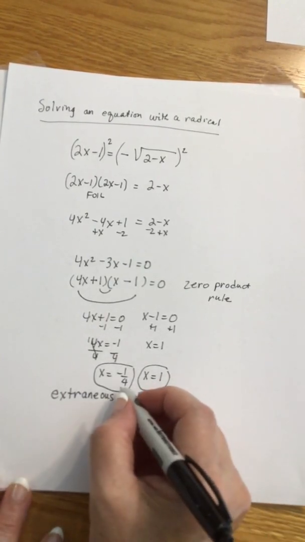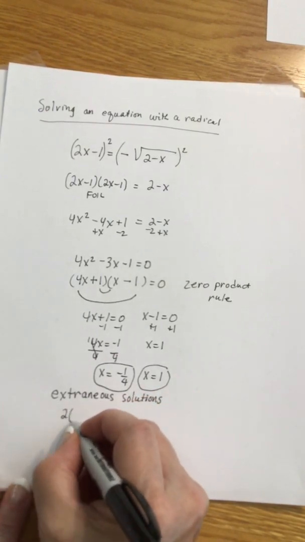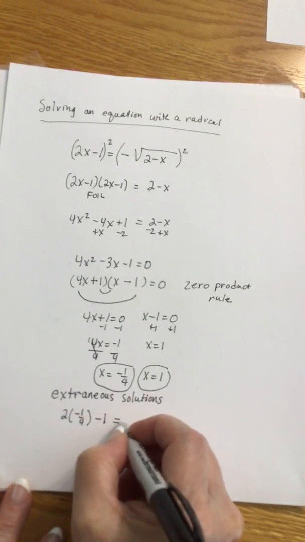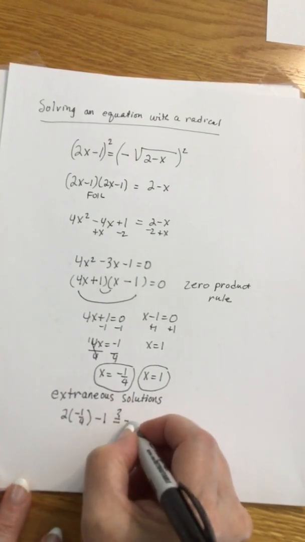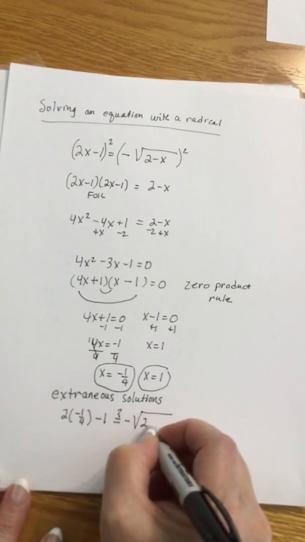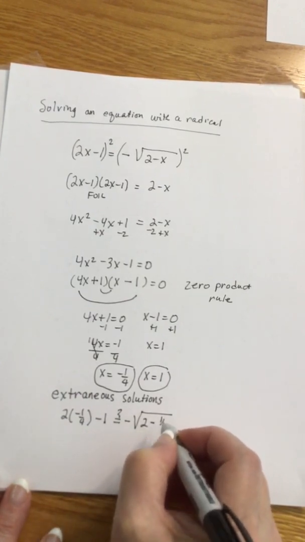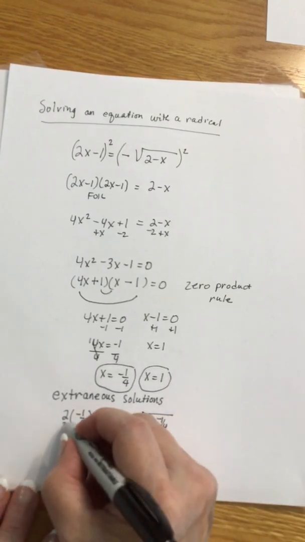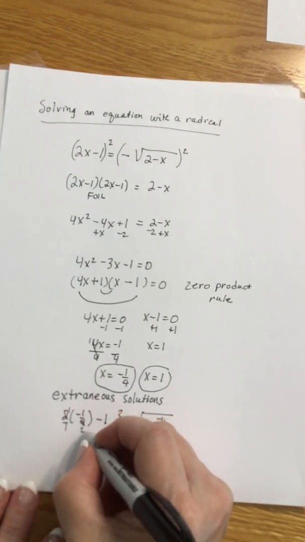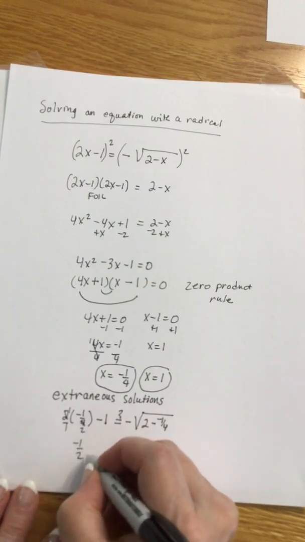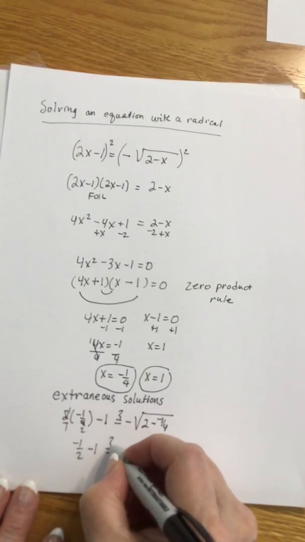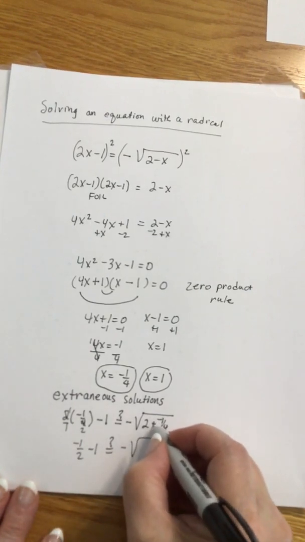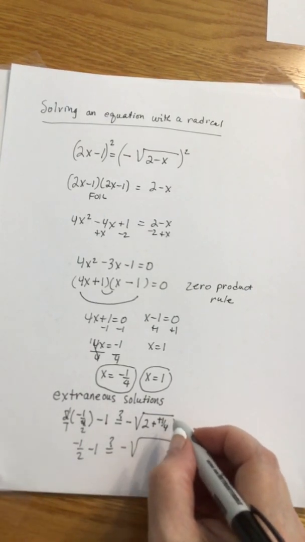So I plug in negative 1/4. So I've got 2 times negative 1/4 minus 1. Does that equal negative square root of 2 minus negative 1/4? So put this over 1. The 2 will cancel with the 4, and that gives me negative 1/2 minus 1. And over here on this side, we have negative square root of 2, and minus a negative makes that positive.